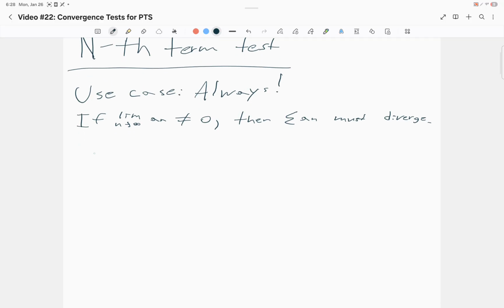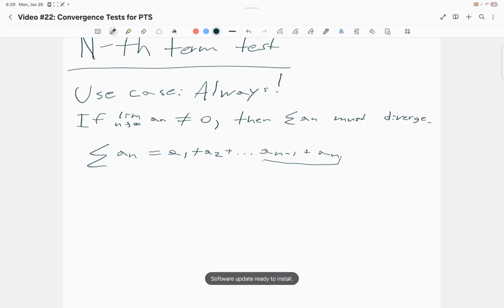What this means essentially is if we write out the summation, a of 1 plus a of 2 plus dot dot dot a of n minus 1 plus a of n, these terms that we're adding towards the end of our series have to be very, very close to 0.